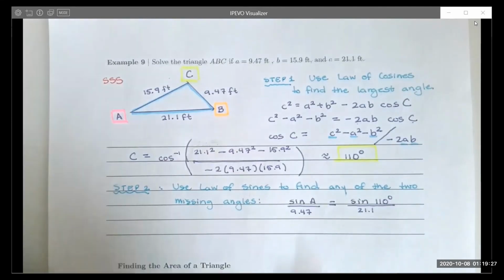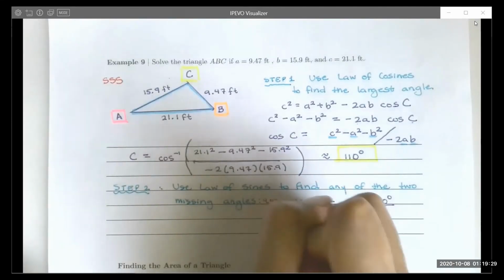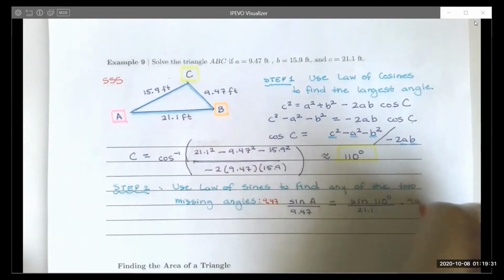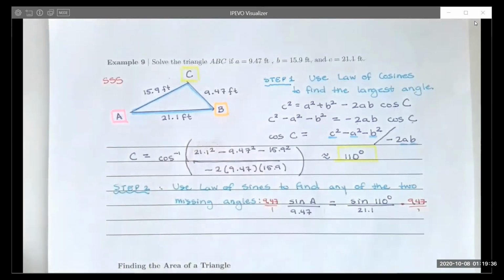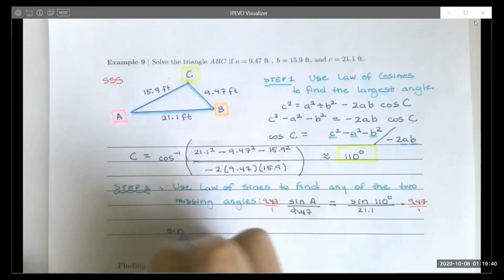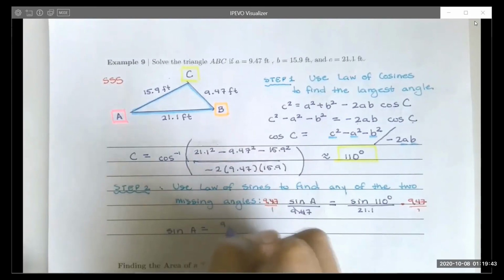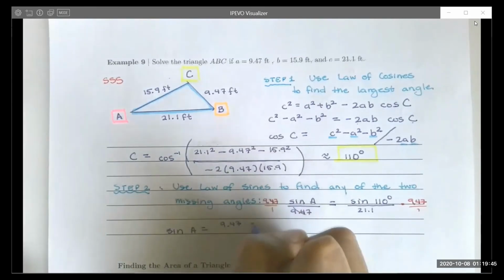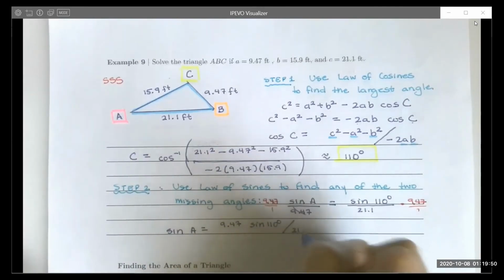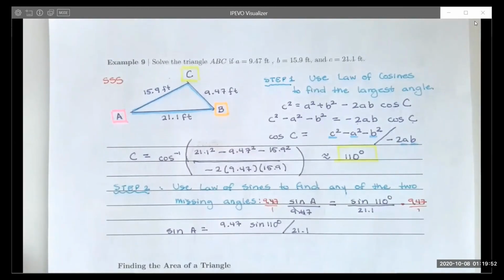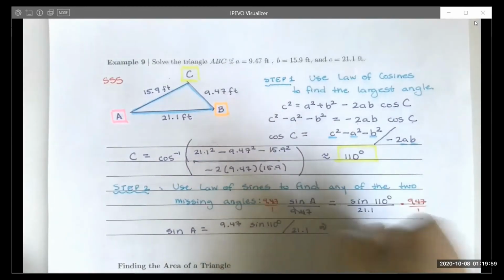So now multiply both sides by 9.47. These are going to cancel. And we're going to have sine of A is equal to 9.47 times sine of 110 degrees divided by 21.1. Which means, again, if we want to find A, we're going to have to take sine inverse.